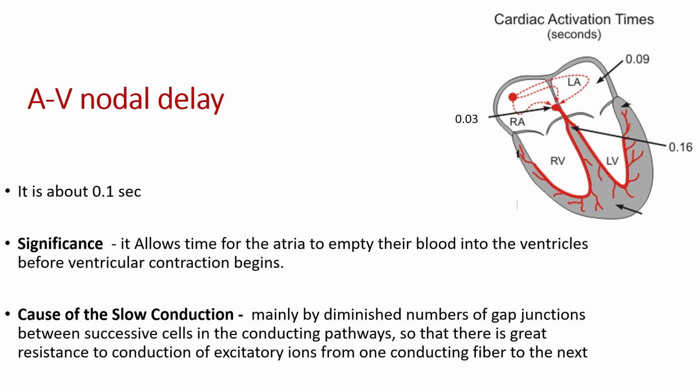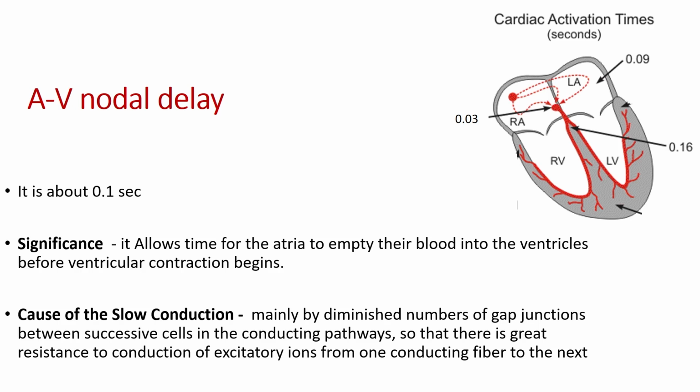So the cause of slow conduction here is mainly the diminished number of gap junctions between the successive cells in the conducting pathways, so that there is great resistance to conduction of excitatory ions from one conducting fiber to the next.